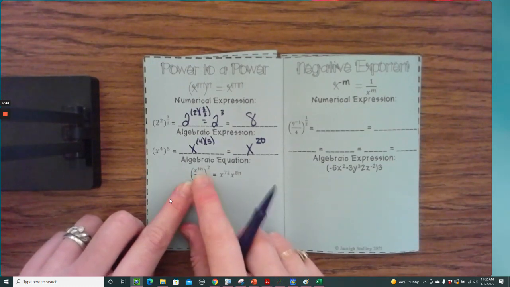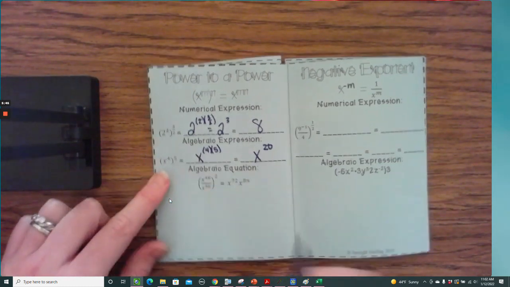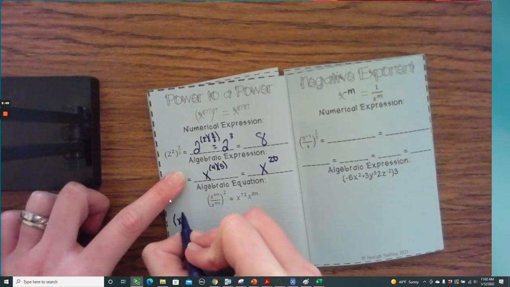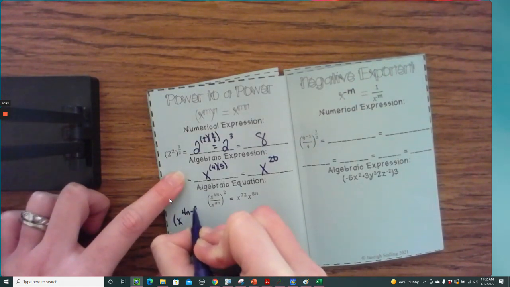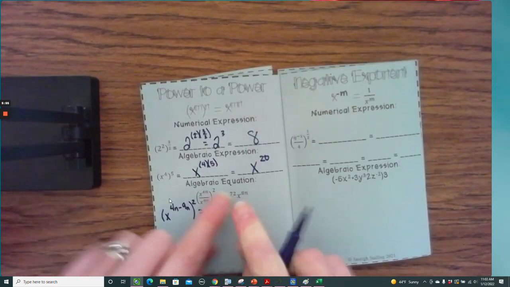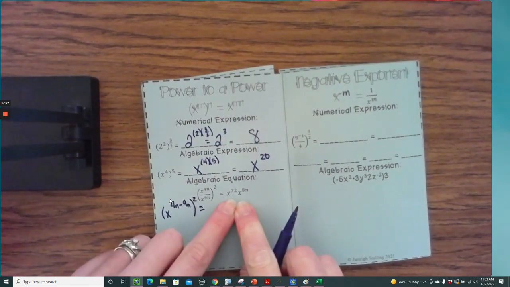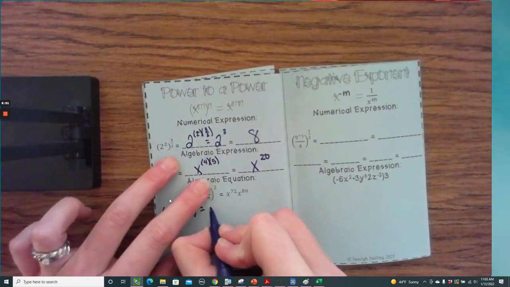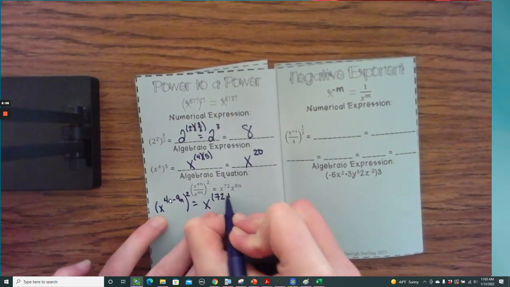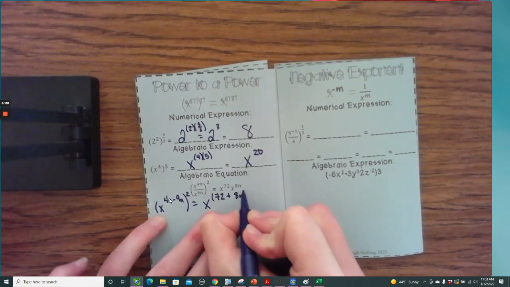x to the 4n over x to the 9n is the same as x to the 4n minus 9n, and then keep that exponent. And then here, x to the 72nd times x to the 8n is the same as x to the 72 plus 8n.